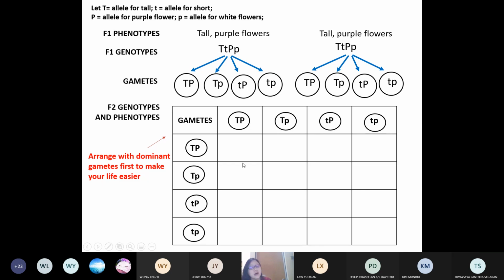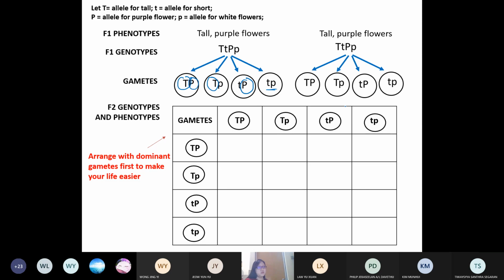You must arrange your gametes in a certain method in order for the trick to work. Always arrange with your dominant gametes first. So big T, big P comes first, then big T, small p comes next, then the dominant behind, then the recessive behind. Always the dominant first. This one small t, but dominant first, and then the recessive at the end.